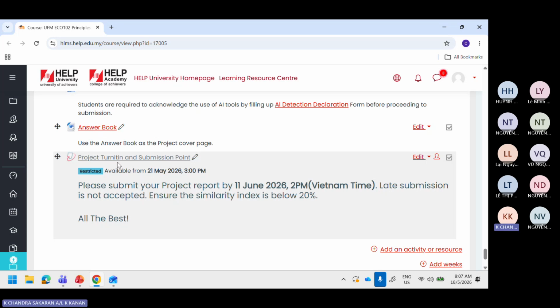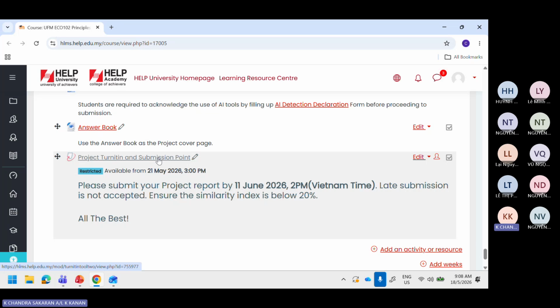Again, when you do Turnitin, use a Word document, only Turnitin your answer. When you do the submission of your project, it must be a complete set. That is, it must have the answer book cover page. If you have a contents list, provide your contents list, your answer, your report, and the reference list, all in one file.